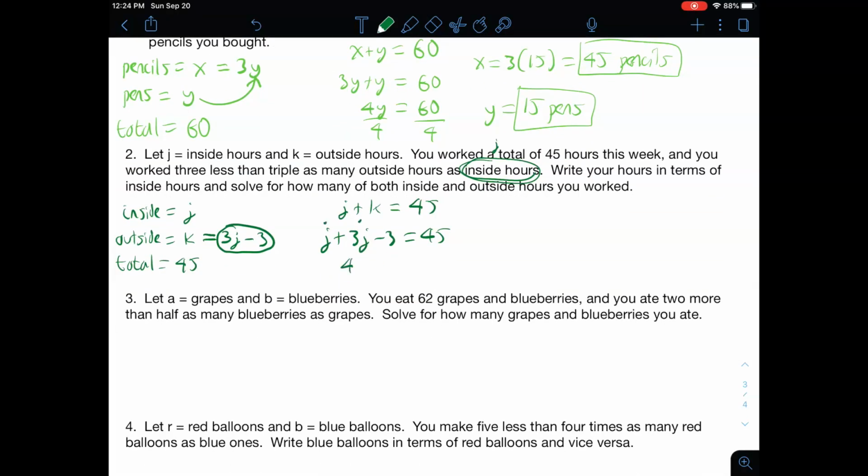Add these like terms. 4J minus 3 equals 45 plus 3. 4J equals 48. Divide by 4. J equals what? 12? 12 inside.